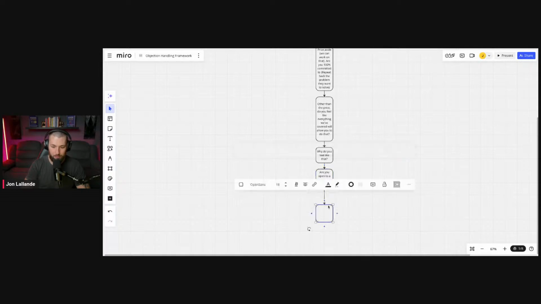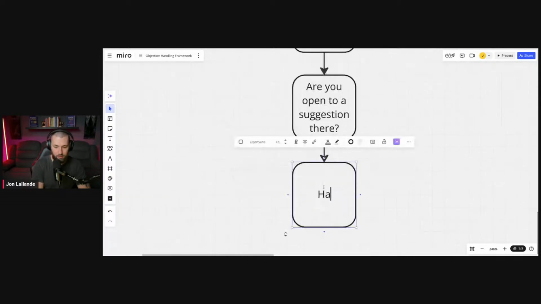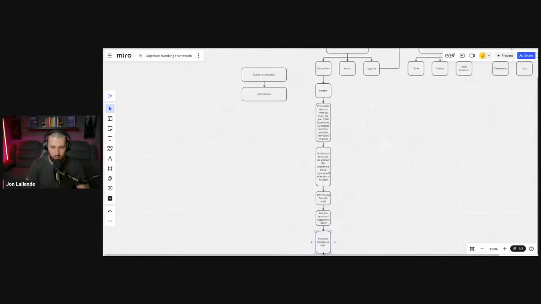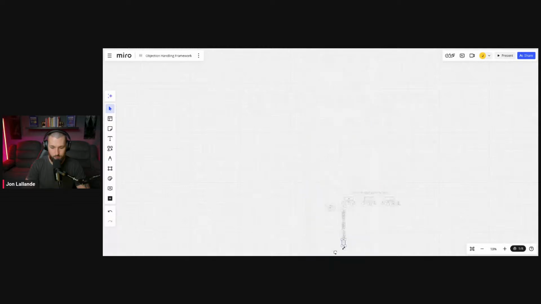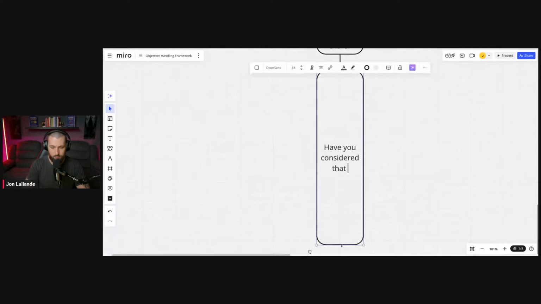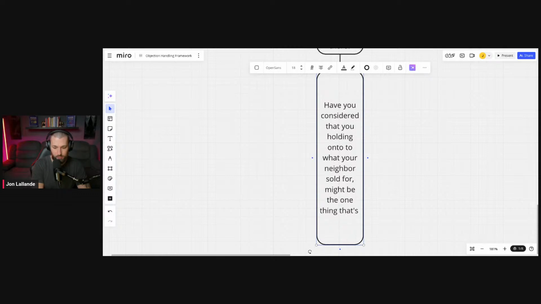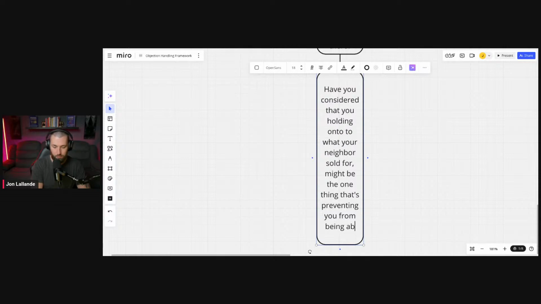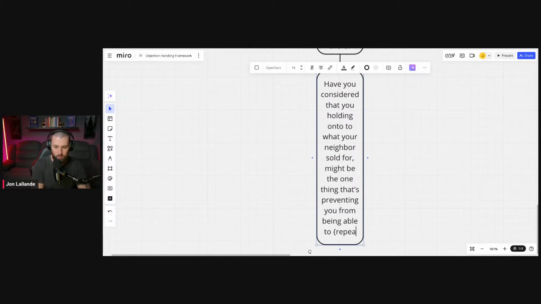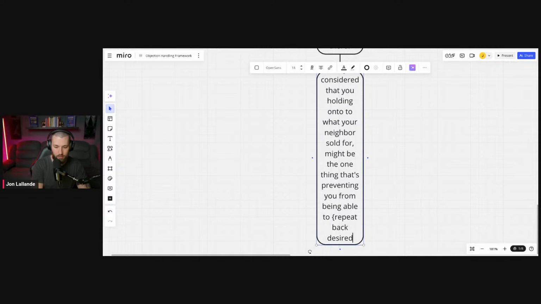Now, here's the reframe. Have you considered, let me make this bigger, that you holding on to what your neighbor sold for might be the one thing that's preventing you from being able to, repeat back desired state.